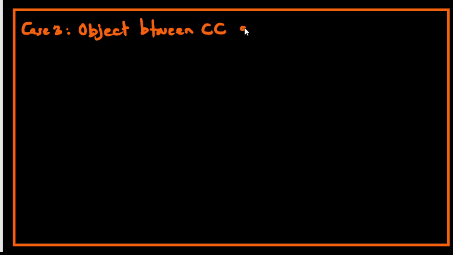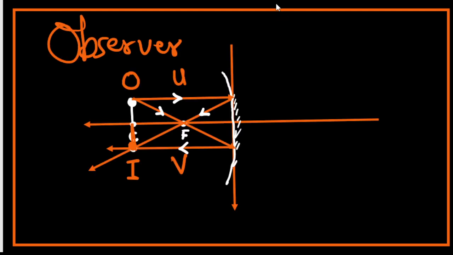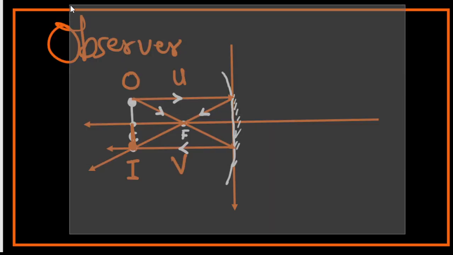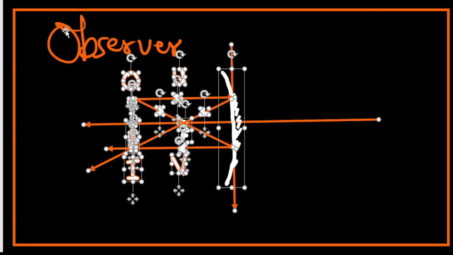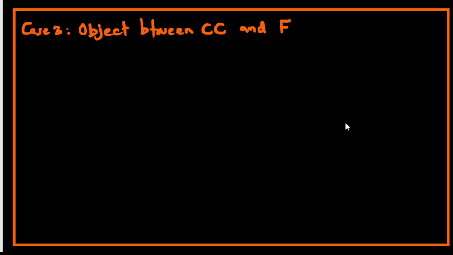So we have case 3: the object between the center of curvature and the principal focus. To make it easy, I'm going to make use of this diagram again. Let me paste it here.